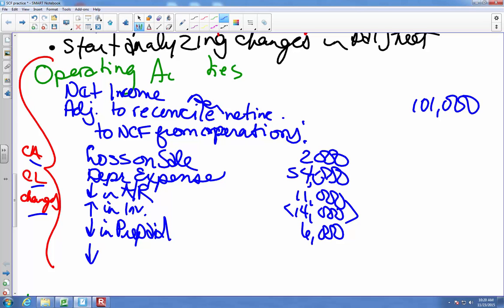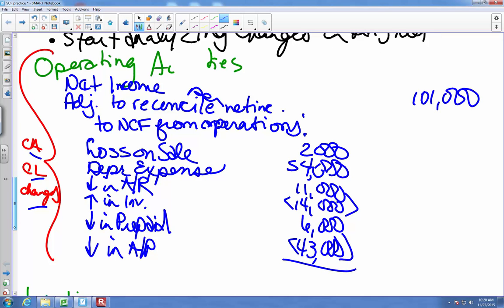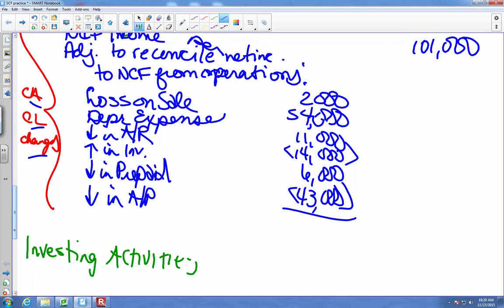But it wouldn't be reflected in the P&L because it's cash and AP. So decrease in AP, 43,000. Okay, is there anything else that goes in the operating section that y'all can see? So let's go ahead and tally this up. What did you get for the subtotal of all the adjustments?